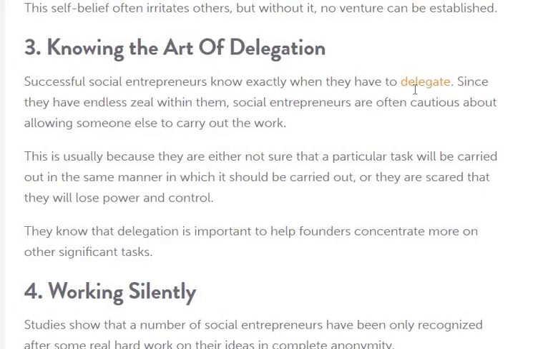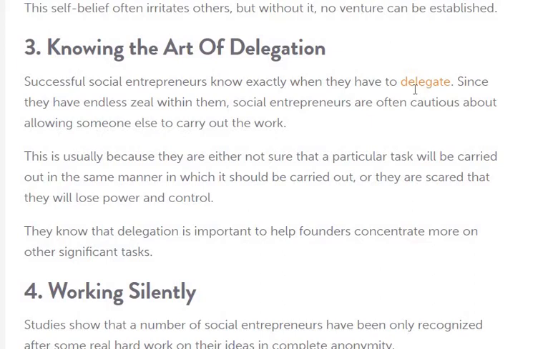In these situations, they know that delegation is important to help founders. Help for what? Help founders concentrate more on other significant tasks.